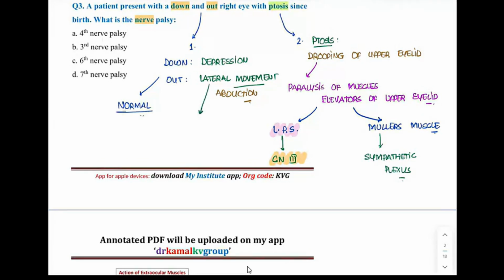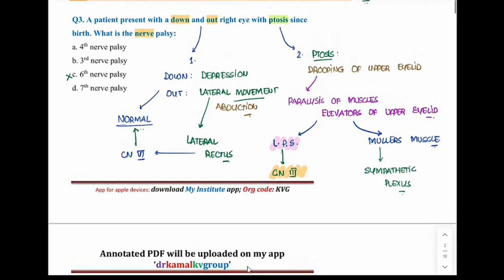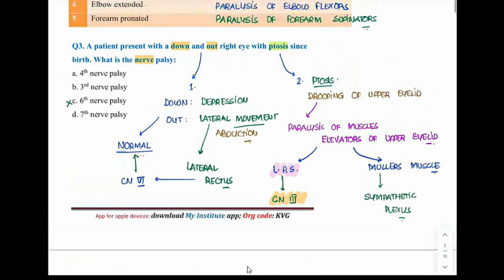Lateral movement or abduction, this is done by the muscle which is known as lateral rectus. And lateral rectus is supplied by cranial nerve 6th. So it means cranial nerve 6 is normal. So we can exclude 6 from here. So that cannot be the answer because it is normal. Now, down and out.